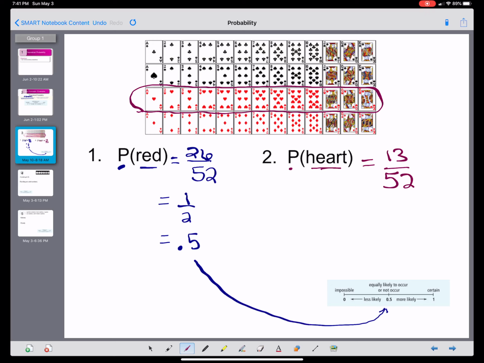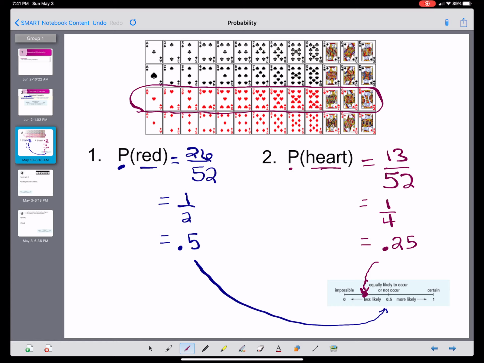If we reduce this, we end up with 1 over 4. If we change this to a decimal, it's 0.25. Now, where is that in our chart? 0.25 is roughly around here, so it's less likely to happen. It's less likely to pull out a heart.